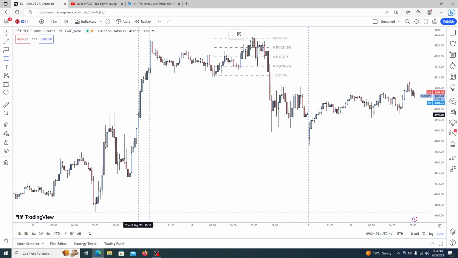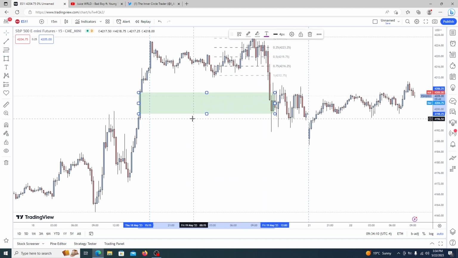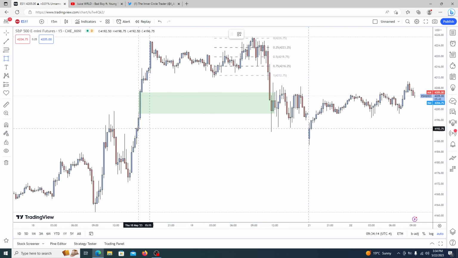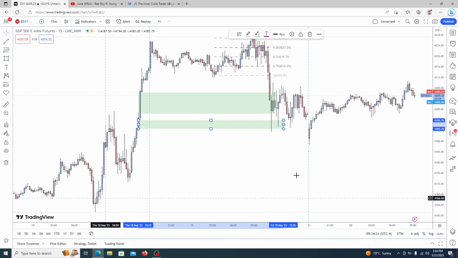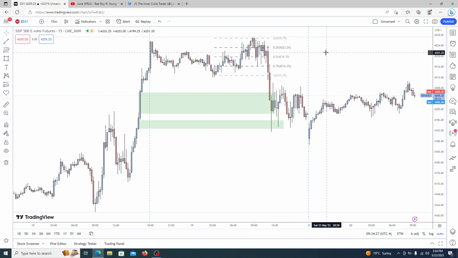and then targeting one of these fair value gaps to the downside as possible short target points if I wanted to be short for that specific session, realizing that my long idea was not gonna come to fruition.